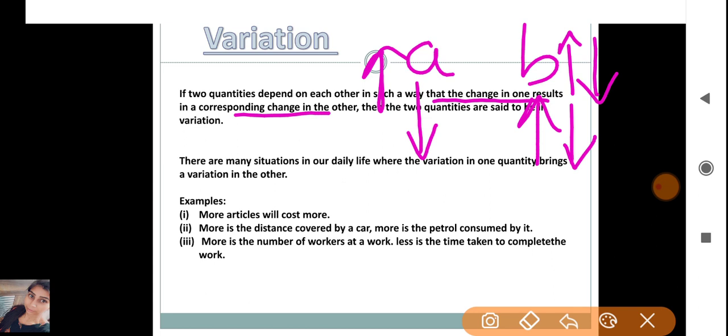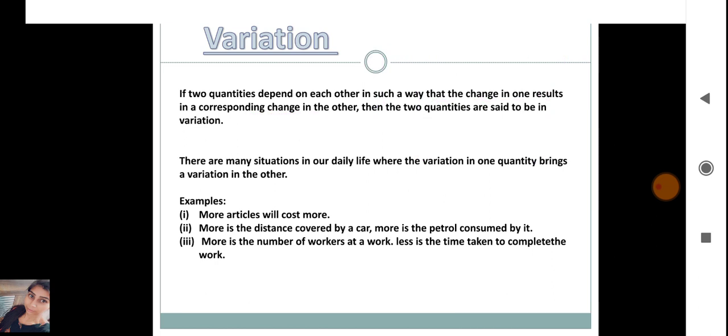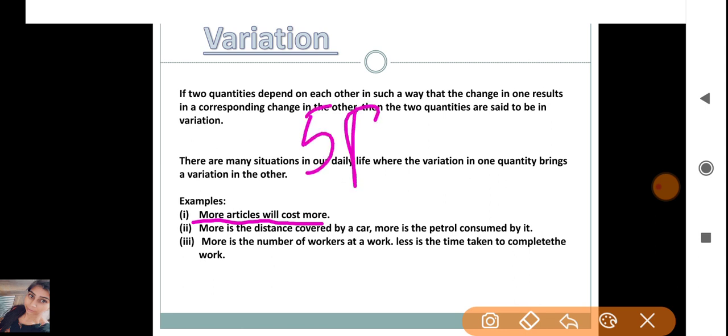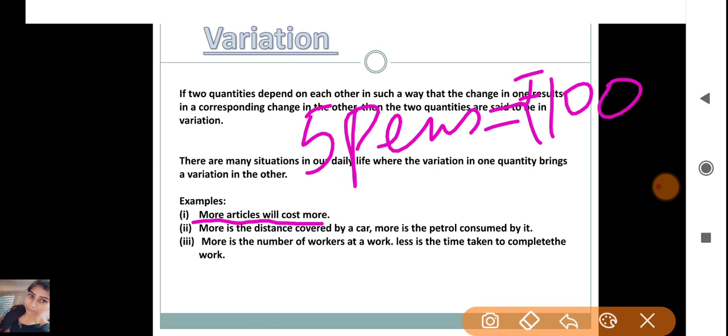The variation in one quantity brings out the variation in the other. That means somehow they are dependent on each other. So let us see some examples from our daily life. More articles will cost more. Suppose you are taking 5 pens. Suppose the cost of 5 pens is 100 rupees.